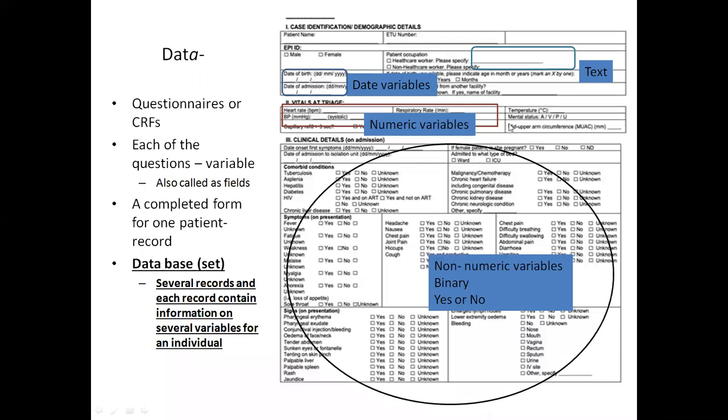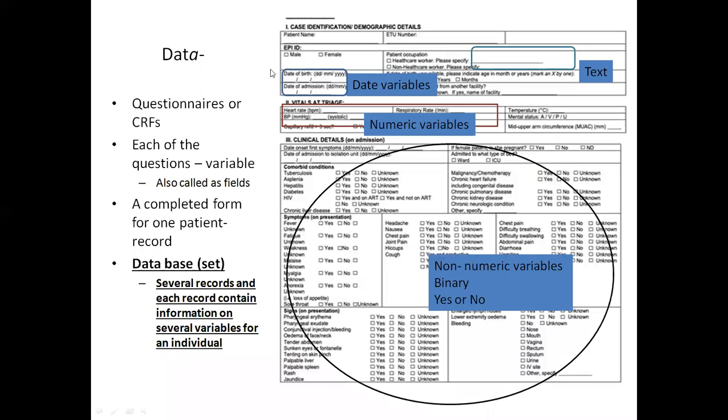Then you also have multiple categorical variables. If you take mental status, the response could be any one of those four categories, right? So a questionnaire, a CRF, would probably contain a combination of these different sets of variables.